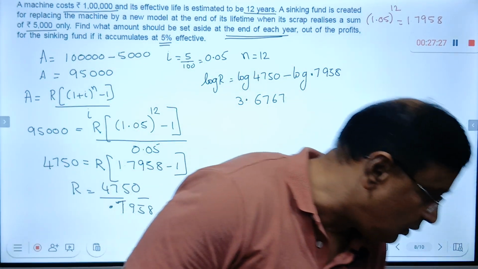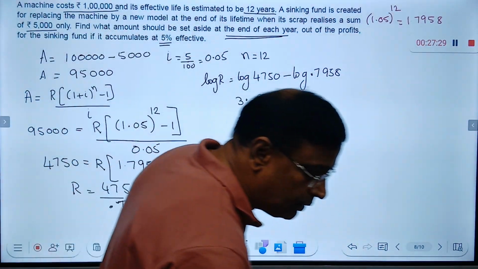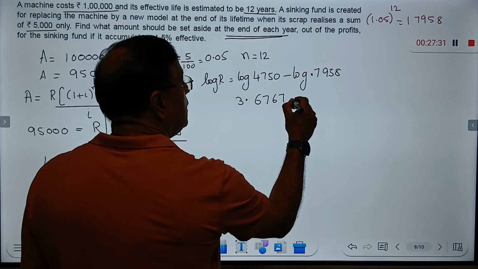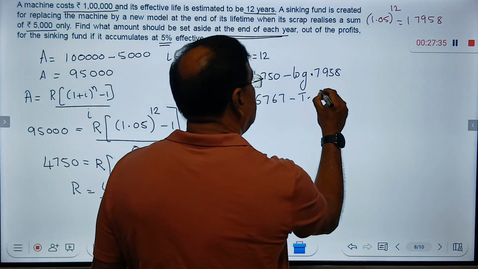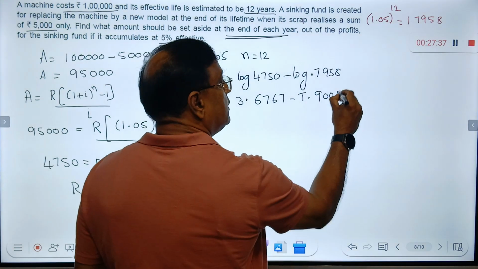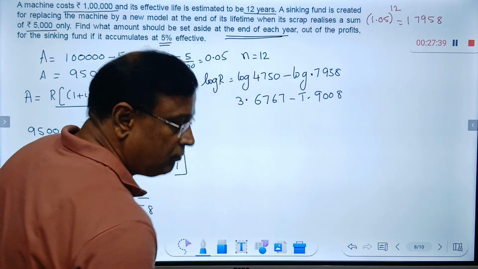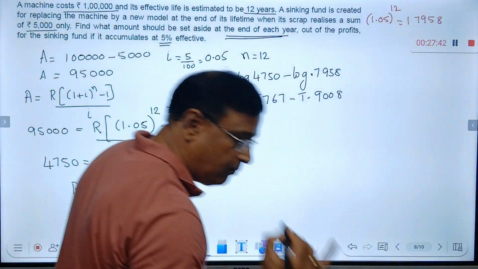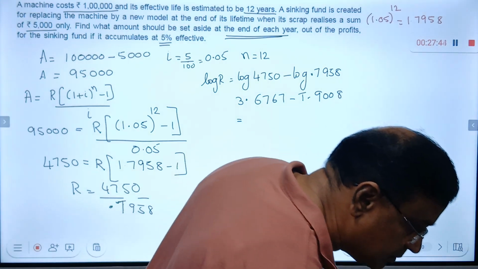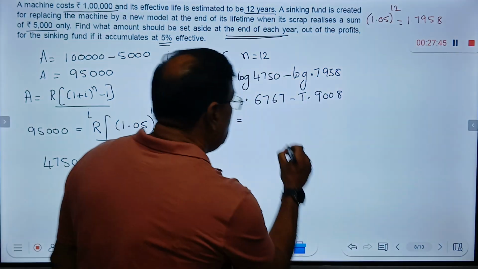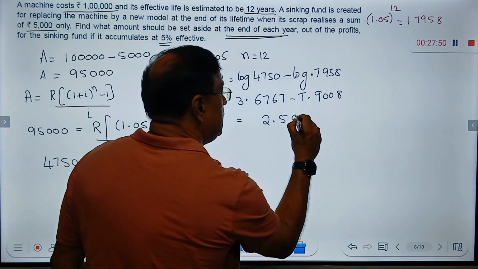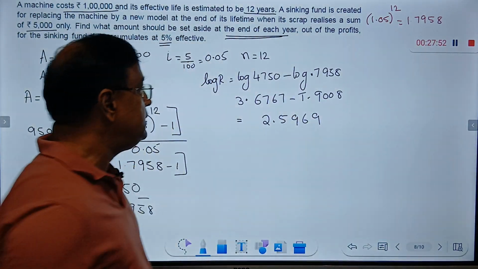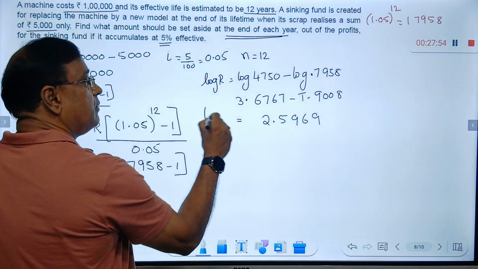And the log of 0.7958 will be bar 1 point 9008. I think now you understood subtraction, I hope. Otherwise, you refer to the previous problem. So when you subtract, you get 2.5969. This is log R.